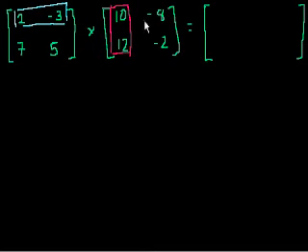It's getting its row information from the first matrix's row, and it's getting its column information from the second matrix's column. So how do I do that? If you're familiar with dot product, it's essentially the dot product of these two. Or without saying it that fancy, it's just this. It's 2 times 10, I'm going to write it small, plus minus 3 times 12.